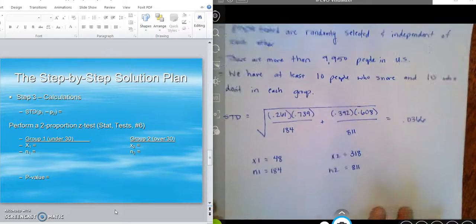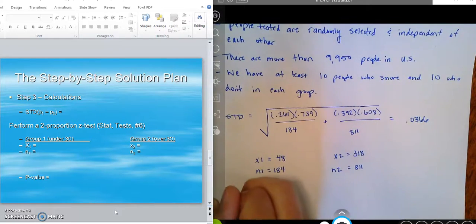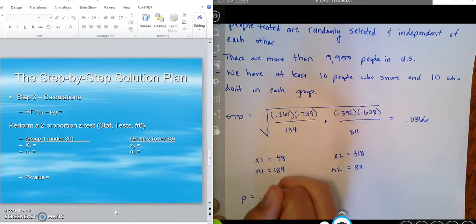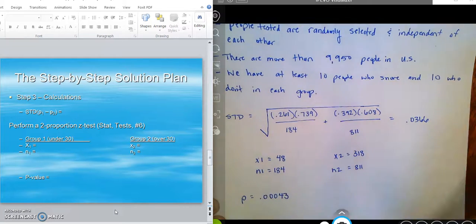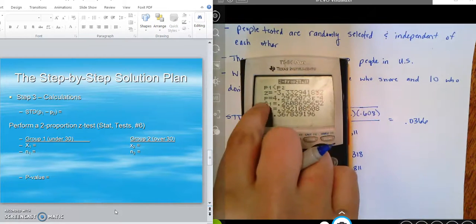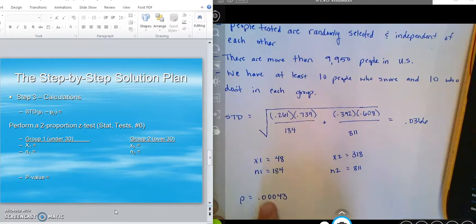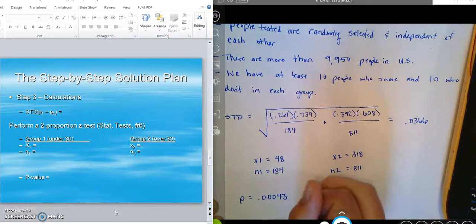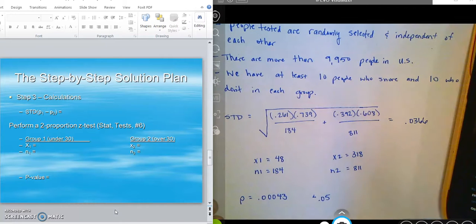So my p-value is actually 0.00043. Remember, that e to the negative 4 means I move that decimal 4 places to the left. This p-value is less than, remember it didn't give me an alpha level, so I'm just going to go with the typical 0.05. If I am less than my alpha level, that means we reject.